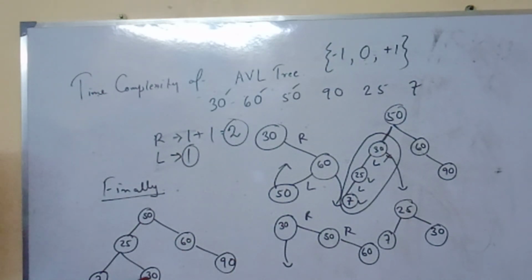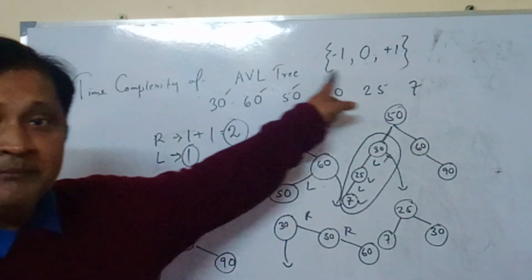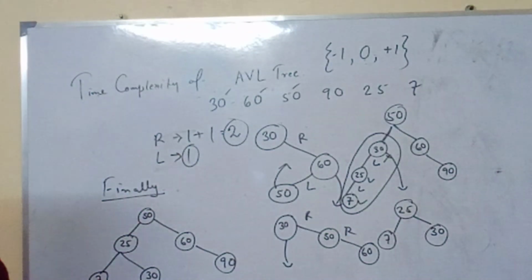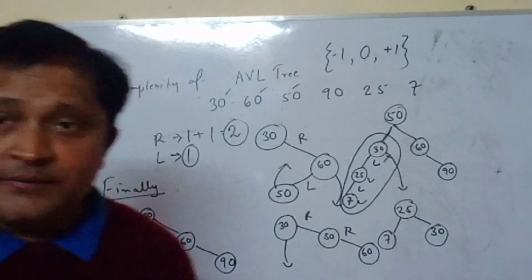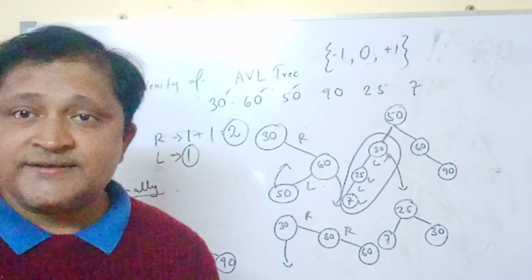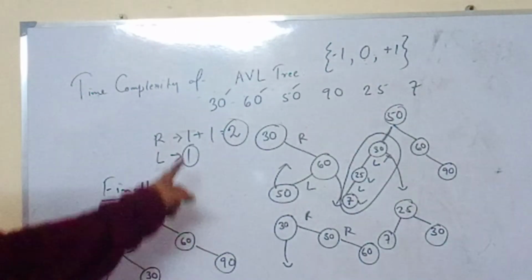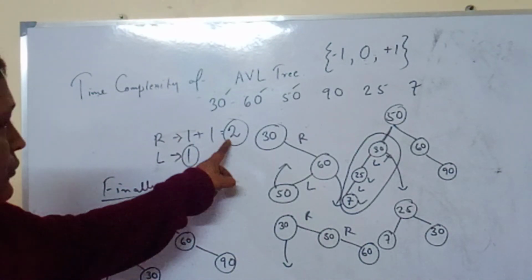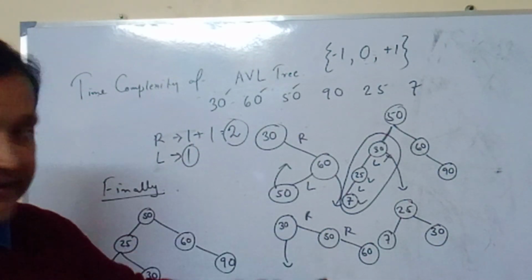All nodes are balanced. All nodes are satisfying the range of the balance factor. So this is an example of inserting nodes in a BST in an AVL manner so that they can be height balanced. The number of rotations required is right rotation 2, left rotation 1 in this case.